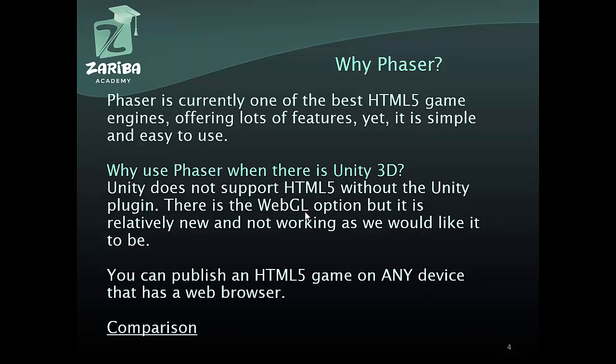But there is also another thing: as soon as you make an HTML5 game, you can publish it anywhere you want, on any device that has a browser. Like if your fridge or your washing machine has a browser, like a small display and everything, then you would be able to publish your game on that device. For example, imagine that you are on a plane, something like a transatlantic flight.